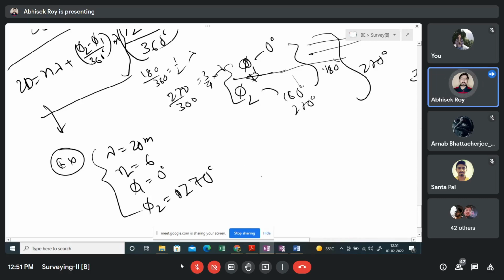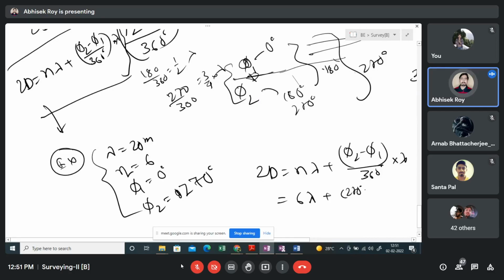Then calculate the actual distance. So 2D will be equal to n lambda plus phi 2 minus phi 1 by 360 degree into lambda. So 2D will be equal to 6 lambda plus 270 minus 0 by 360 into lambda.